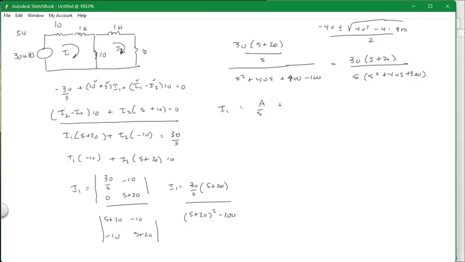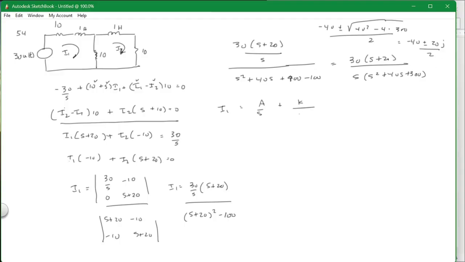It's not so bad. So minus 400 is minus 20. So it's minus 40 plus or minus 20j all over 2, or it's equal to what?